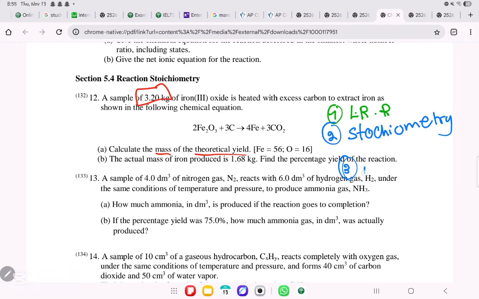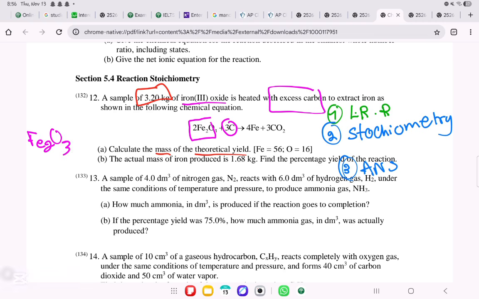So first of all, let us find the limiting reagent ratio. Iron 3 oxide with excess carbon, that means carbon is in excess and this is our limiting reagent. Now, what is the molar mass of iron 3 oxide? It's Fe2O3, so 56 times 2 plus 16 times 3, which is 160.